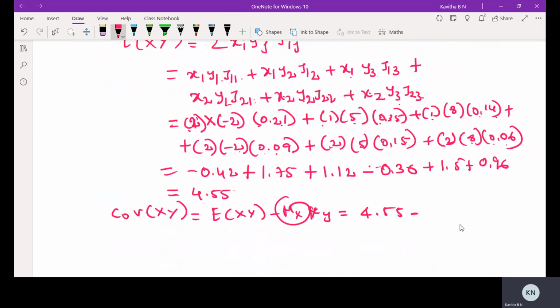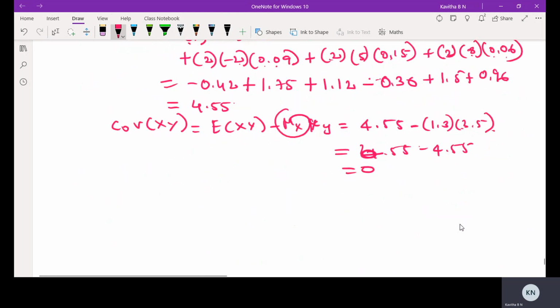Okay, 1.3 into 3.5, then simplify, you get 4.55. So 4.55 minus 4.55 is 0. Then covariance of x comma y is equal to 0.